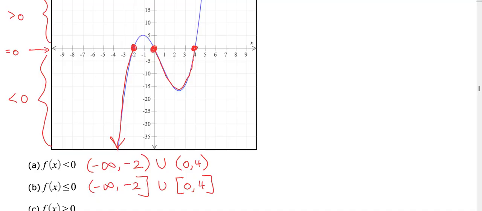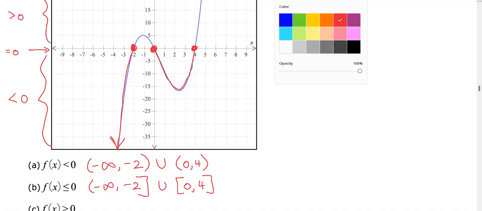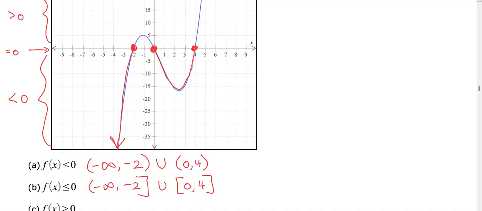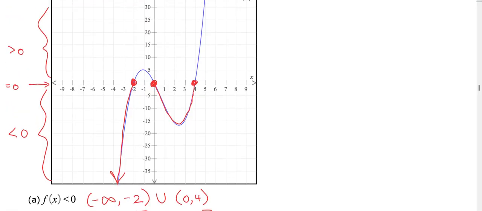Now it wants to know, where is it greater than 0? I'm going to use a blue for greater than 0. So here would be greater than 0 with open circles, and then here would be greater than 0. So where is that?